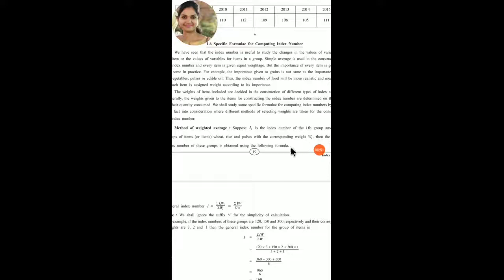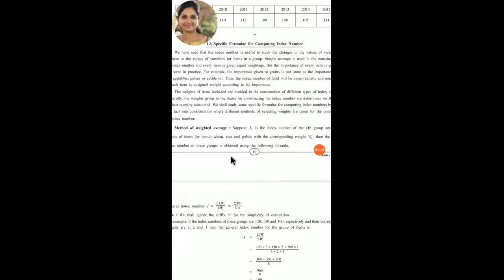Here the group of items will be given. It means a group of food, a group of clothes, a group of fuels. That type of group will be given, and the corresponding weight is also given in the question. Right girls? So in that case, you have to use the weighted average method.